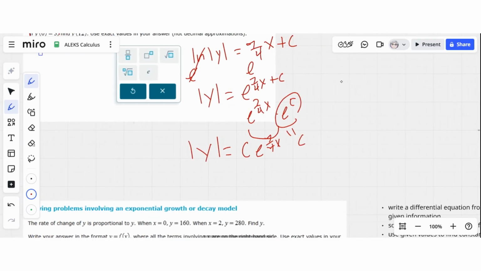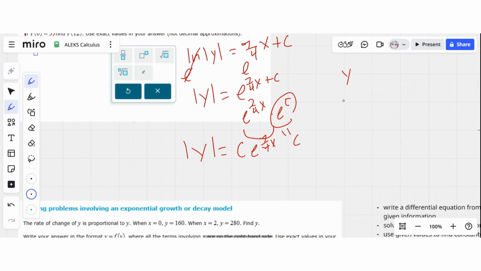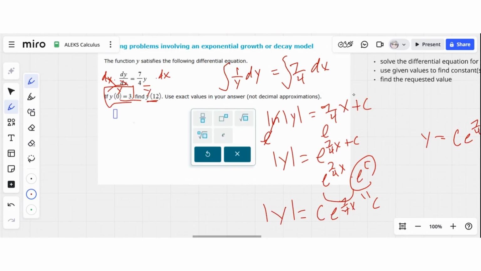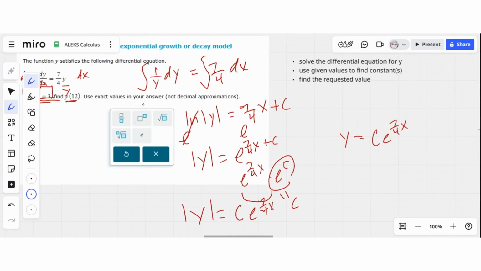So y equals c times e to the 7/4 x power. Now, what we want to do is find c here. Let's do that by using y of 0 equals 3.